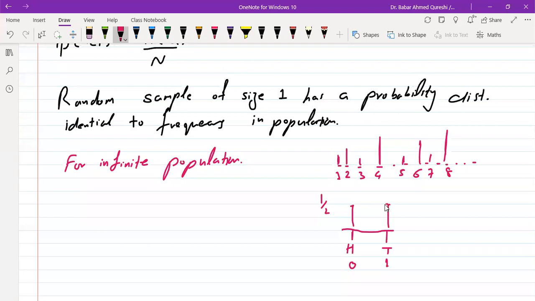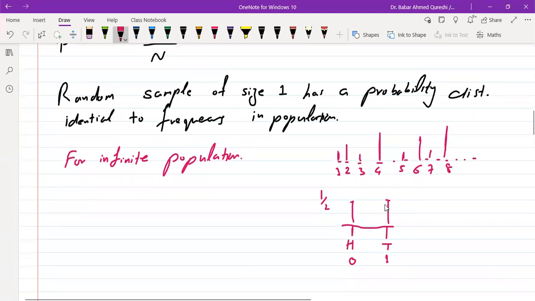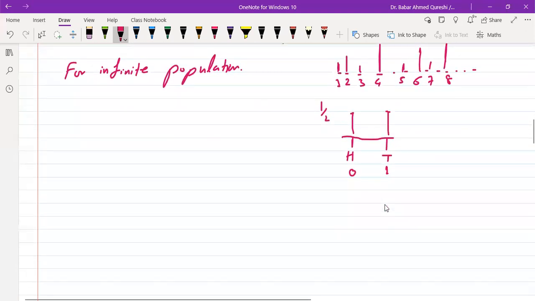Now, if you pick a random sample, this is exactly the distribution which will be in the sample of one element. But what if you pick 2 members?